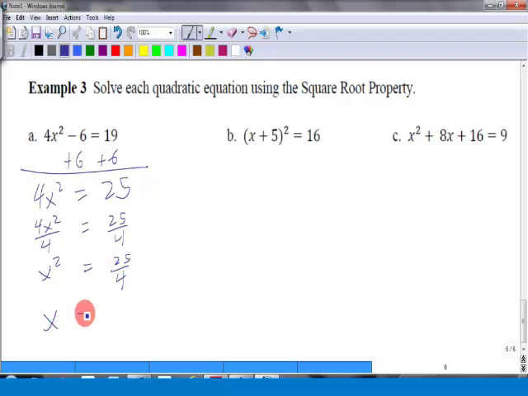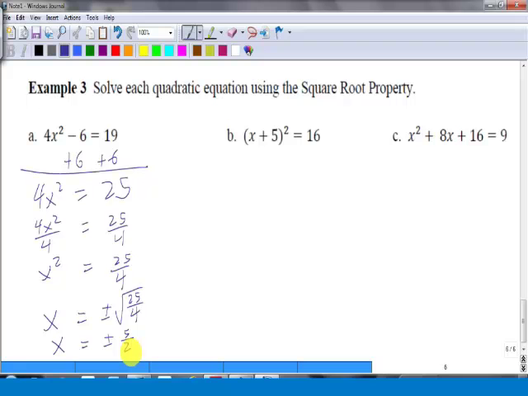So x is, what is the square root of 25 fourths? 5 halves. So x is either positive 5 halves or negative 5 halves.